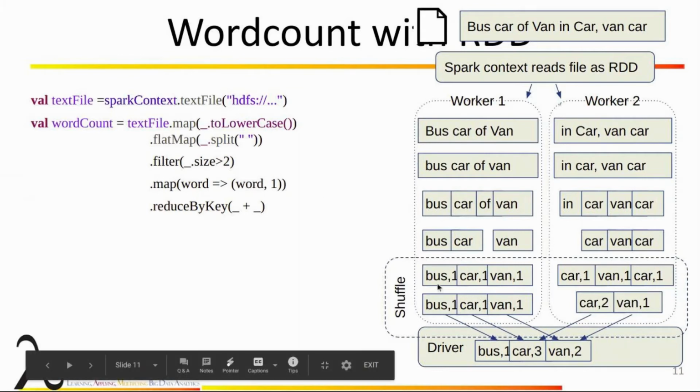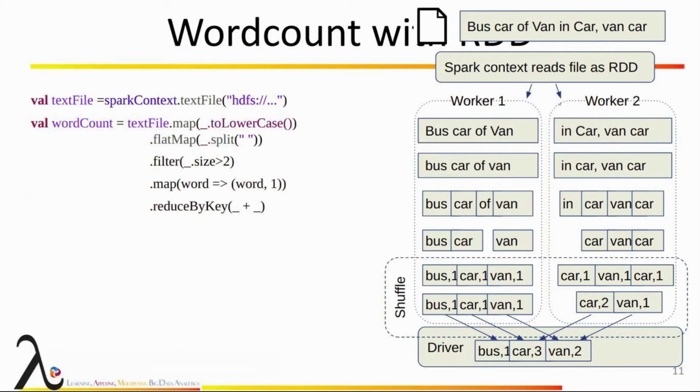Here you can see that bus has only one value, whereas car has one value here and 2 here, so these are summed, and then van has one value here, and these are summed together. So this involves shuffling and communication, but at the end we have counts of all the words that exist in the document.